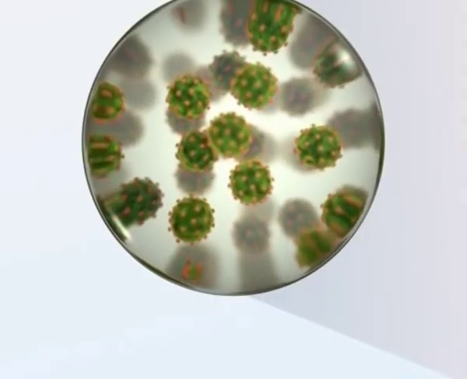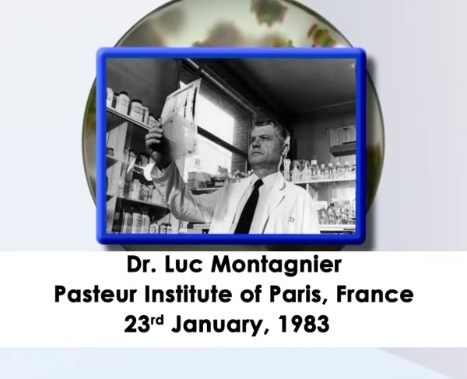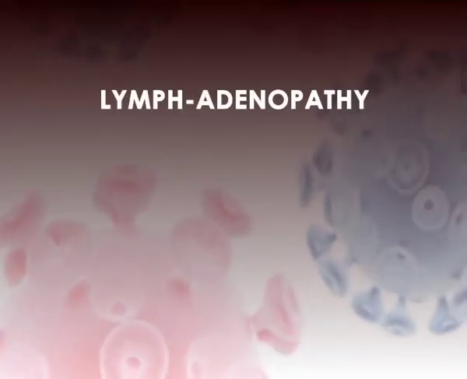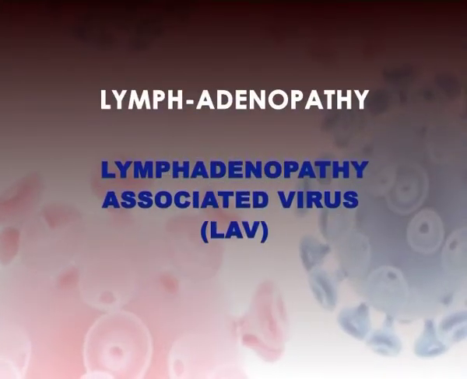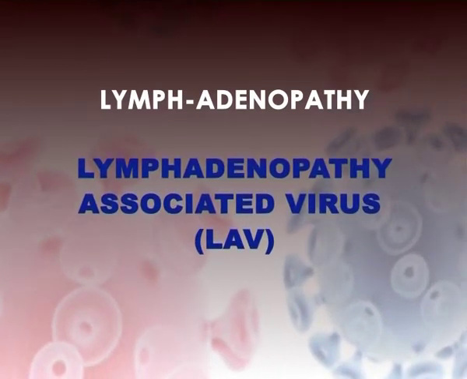The virus was isolated on 23 January 1983 by Dr. Luc Montagnier of the Pasteur Institute of Paris, France, and his team from patients with AIDS, presenting themselves with persistent lymphadenopathy, and hence called it lymphadenopathy associated virus, LAV.